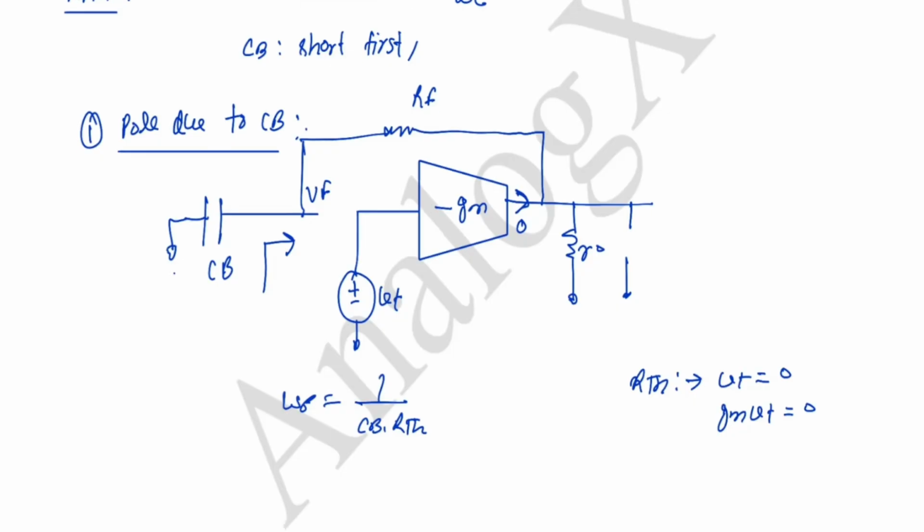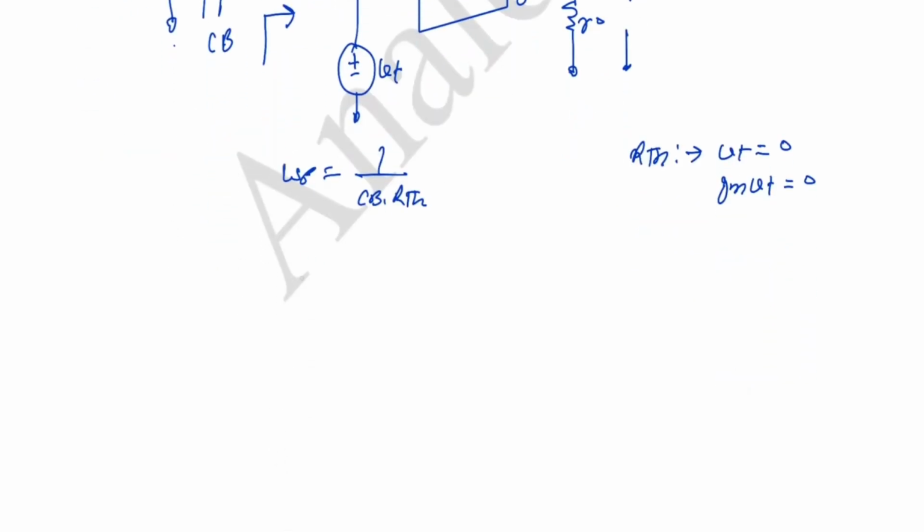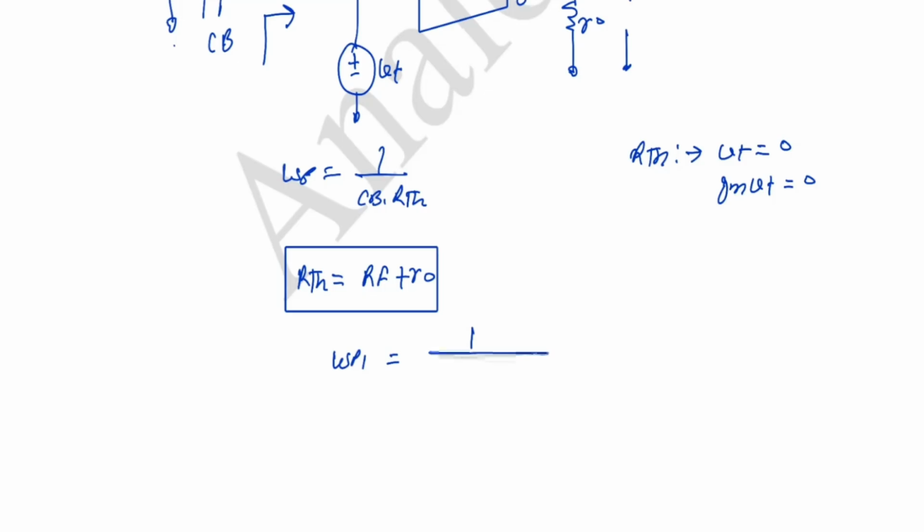Okay, so what will be the Rth? Rth will be Rf plus R naught, both in series. So what will be omega p1? Omega p1 will be 1 by Cb into Rf plus R naught.